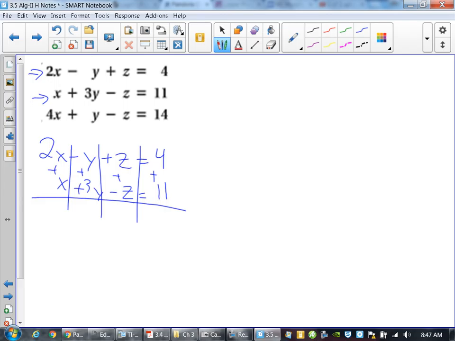When I add those parts together, the z's drop out. So I wind up with a new equation here. I have 3x plus 2y is 15. Everybody okay with that?